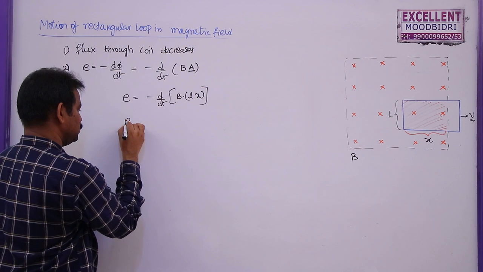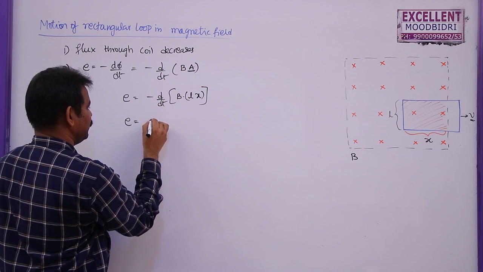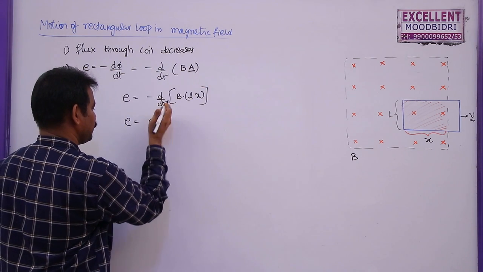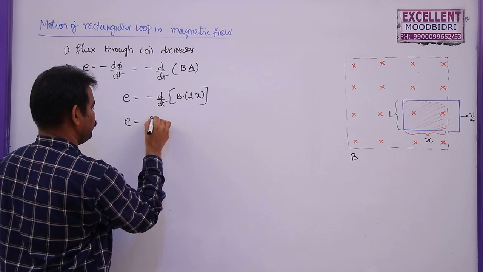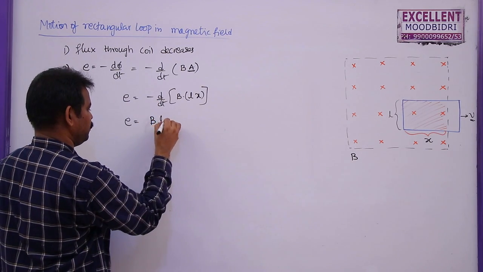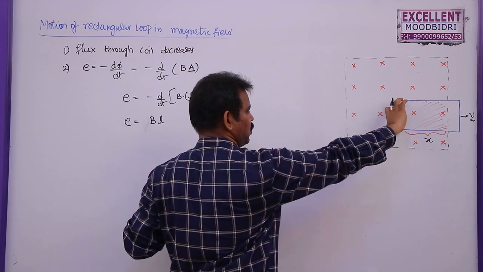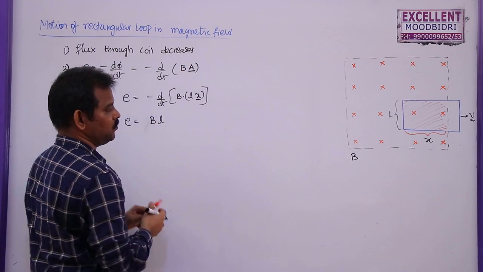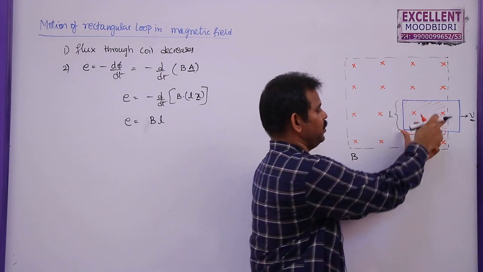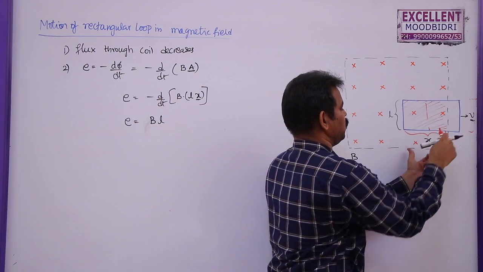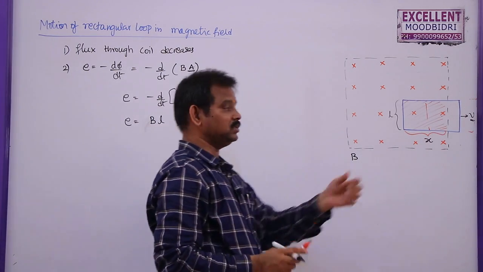So EMF induced is given by minus B L dx by dt. The magnetic field is constant, the length L is constant, but x is changing with time. When the loop is pulled outside, x will decrease, so x is varying here.